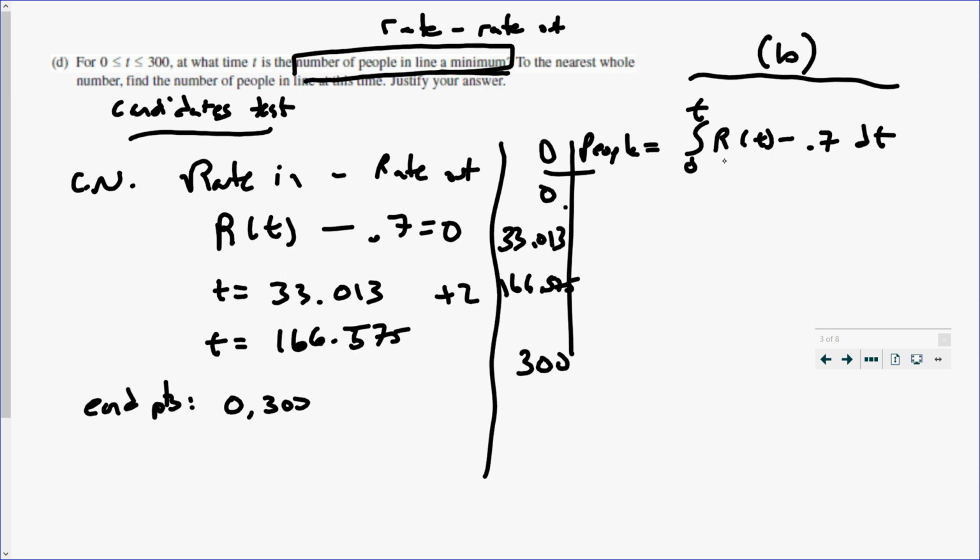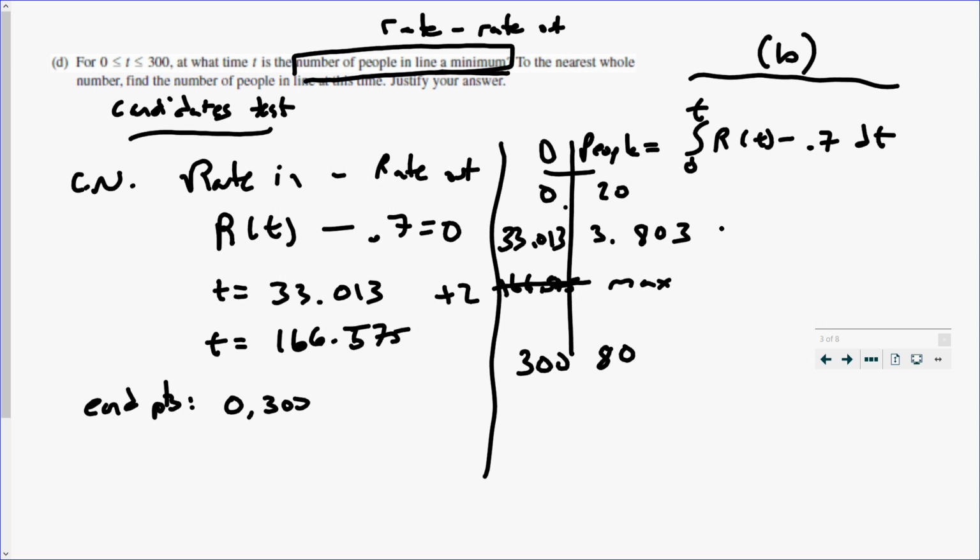Of course, plug in 0, you're just going to get 20. We know how many people are already in there at the beginning. If you do the 33.013, you get 3.803. If you type in the 166.575, you actually get a maximum value right there, so that's not going to work for us. And for 300, you get 80. So where does the minimum value occur?